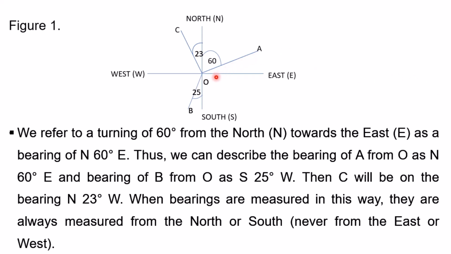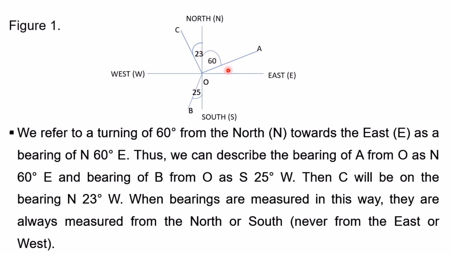A from O is going to be north, 60 degrees east. The nearest cardinal direction to this particular vector is east. So we say north, 60 degrees east.